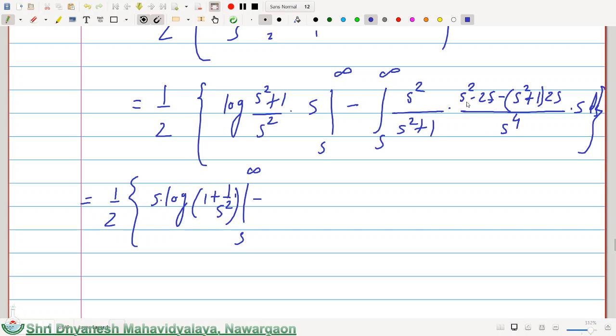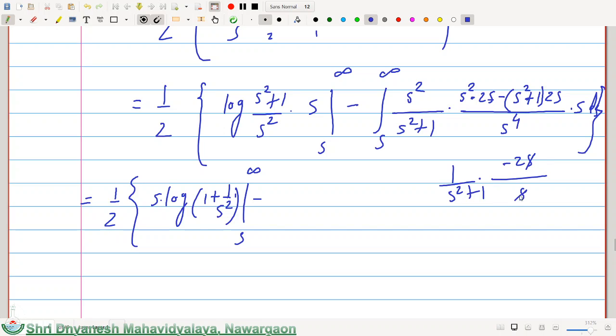Next, here we have s square into 2s, that is 2s cube, minus this 2s into s square, which is again 2s cube. So 2s cube minus 2s cube will get cancelled, and one term is here: minus 2s. Minus 2s we are getting in the numerator, upon, after cancellation, only one s, into 1 upon s square plus 1.